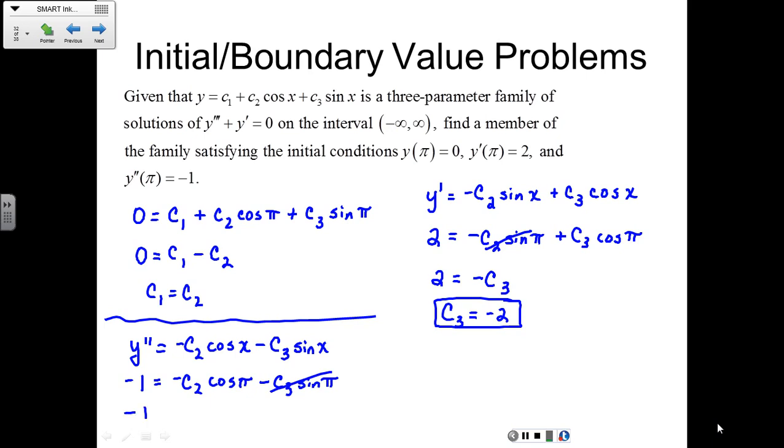So negative 1 equals cosine of pi, y'all said was negative 1, right? So times the negative makes it positive 1. It's positive C2. So look at what you got. C2 is equal to negative 1. If C2 equals negative 1, then what does C1 equal?